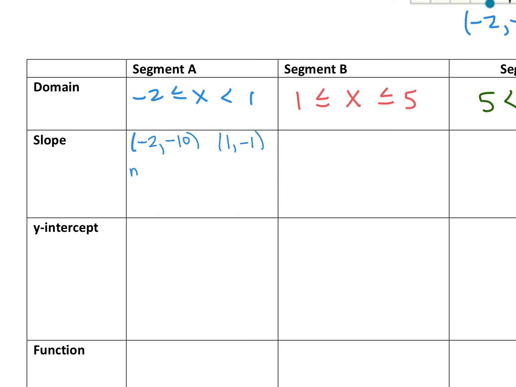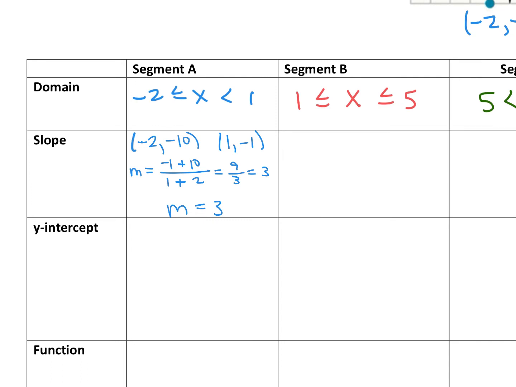So if we find the slope of this, y2 minus y1, so y2, -1 minus a -10 turns into +10, no, +9, over x2, 1 minus a -2 turns into +3, and we get 9 over 3. So this one has a slope of 3.